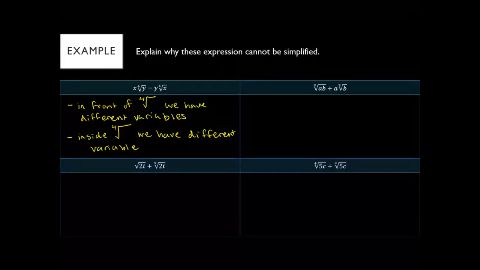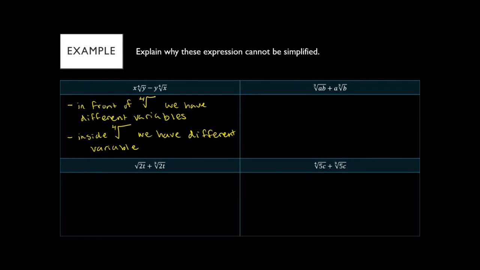On the right, we've got the cubed root of AB plus A times the cubed root of B. So these again have the same index. They're both cubed roots, but in front we have one with an A, one without, so those don't match.